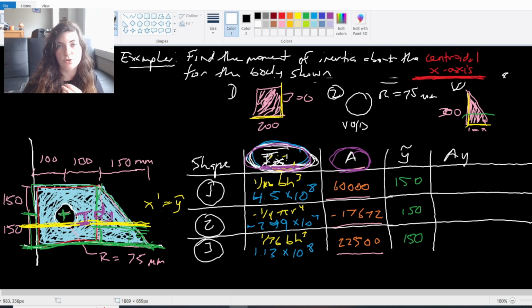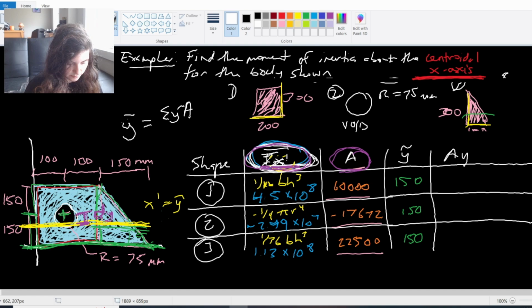You multiply those two together, and then we can sum those to do our division for the centroid. In this case, we need to find y bar, so the sum of the y tilde A over the sum of our areas. I can use all of the information that I had in the last problem. I'm not finding anything new just yet.